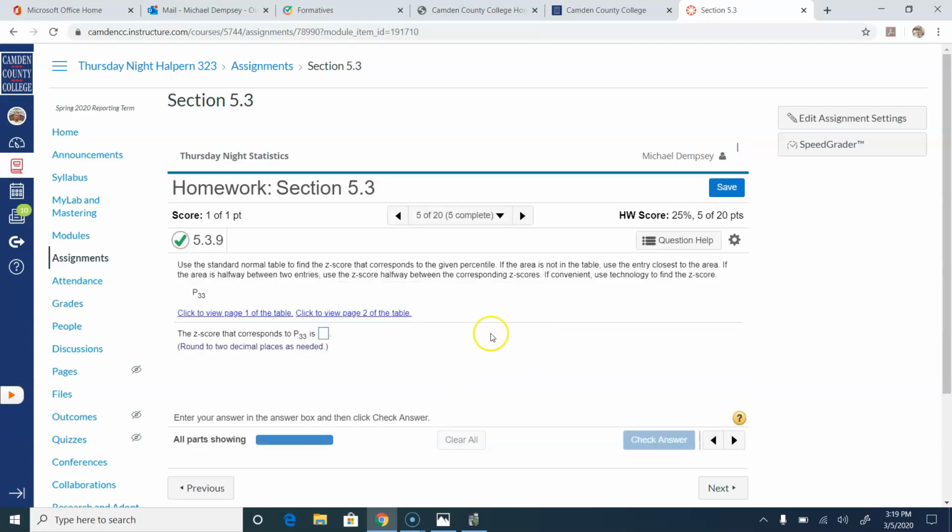So this frames it a little bit differently. You're going to see a z-score that corresponds to P33 here. So P stands for percentile, and then the 33 is the percentile. So whatever that number is, if that number were 3, that would mean we'd want the 3rd percentile, right? And remember, percentile means, this was on our first test, the proportion of observations below a particular number.